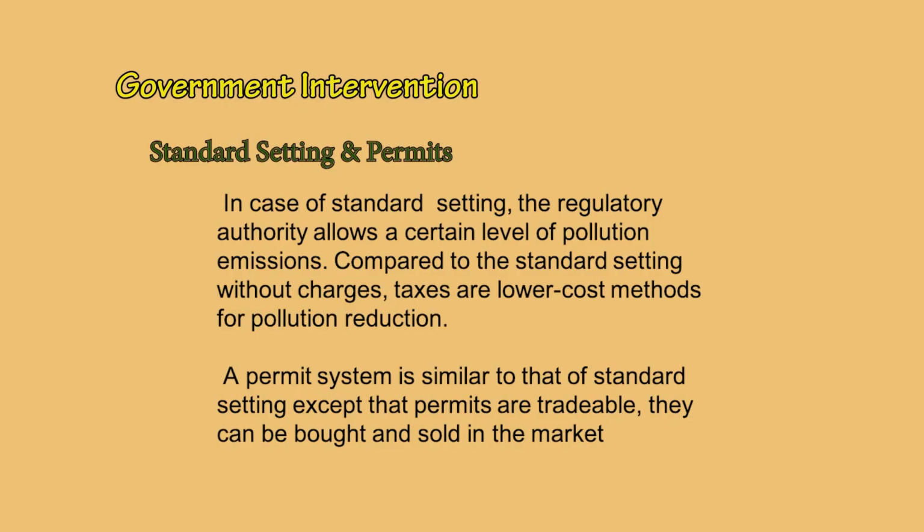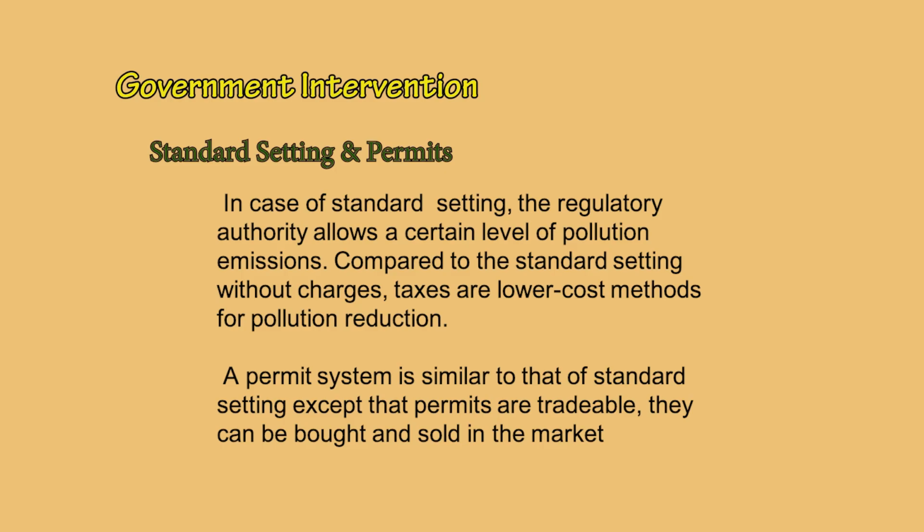I'll come to taxes and subsidies later on, but before that, I'll explain what standard setting and permit system means. In standard setting, the regulatory authority, preferably the government, sets up a limit, or a standard, which every polluting body has to abide by.